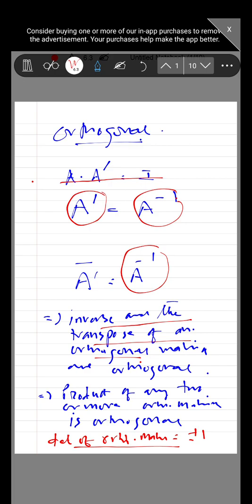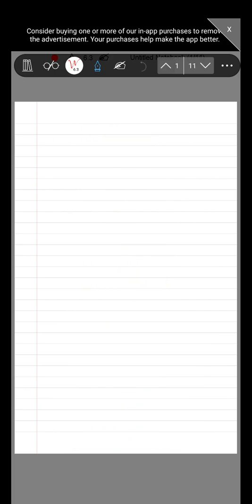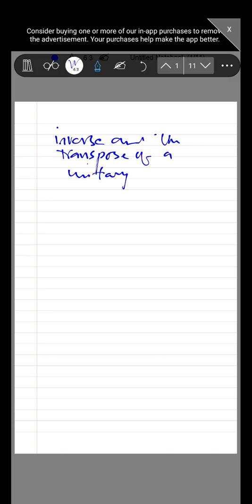Now, in the same notion, what we can say about a unitary matrix is that the inverse and the transpose of a unitary matrix is unitary.